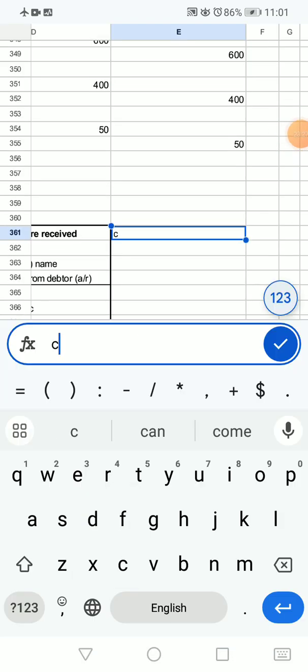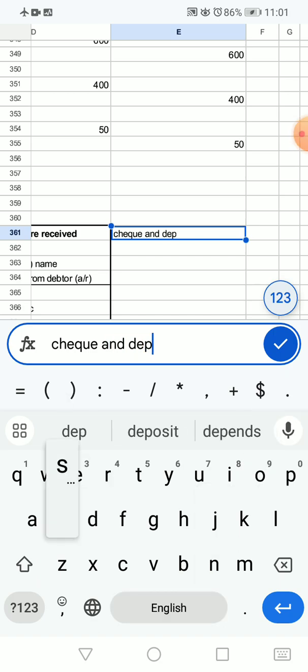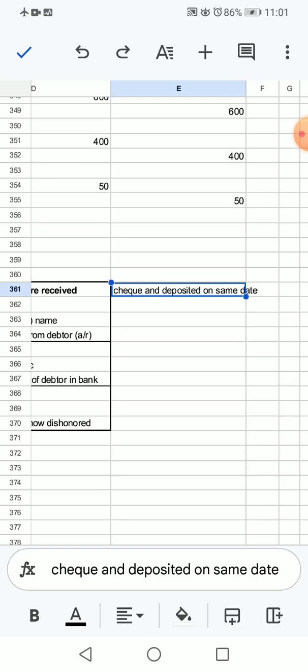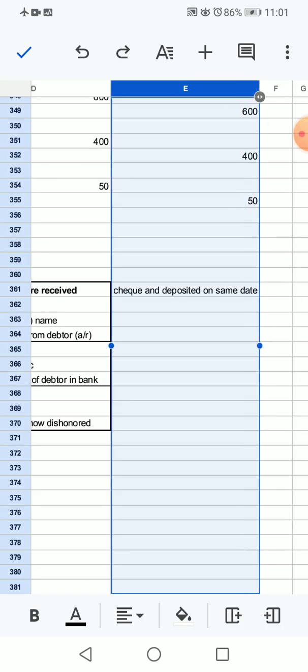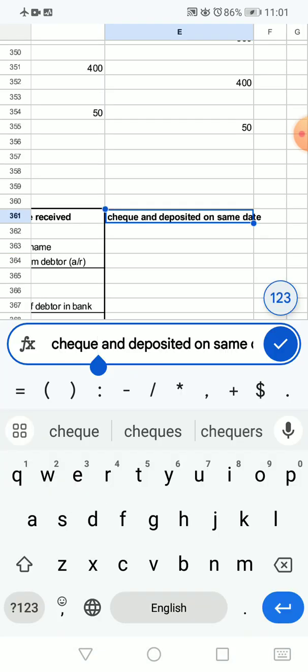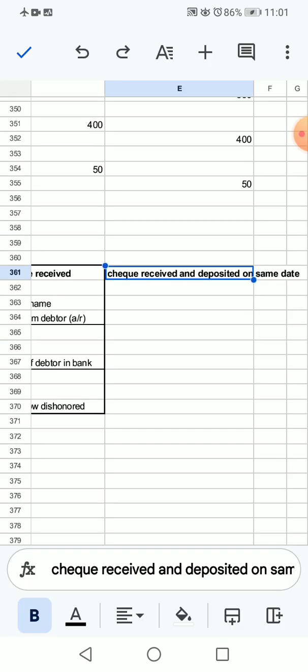if you have received a check and you have deposited the same check on the same date. This is our next heading, which you will see: checks received and deposited on the same date. Received we have not written, I will write over here received and deposited on same date.